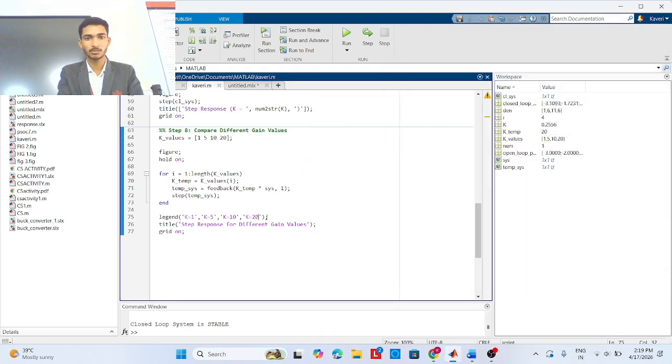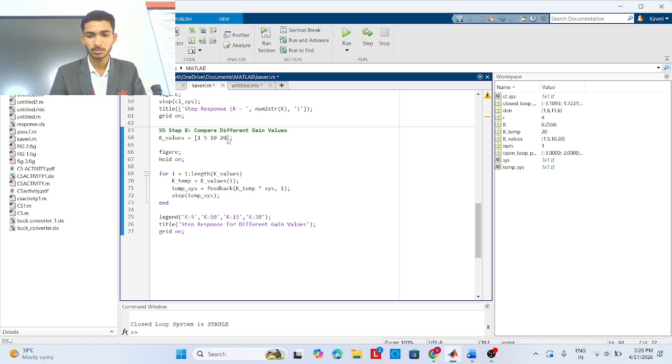Now we change the values of the gains: 20 to 30, 10 to 15, 5 to 10, and 1 to 5.